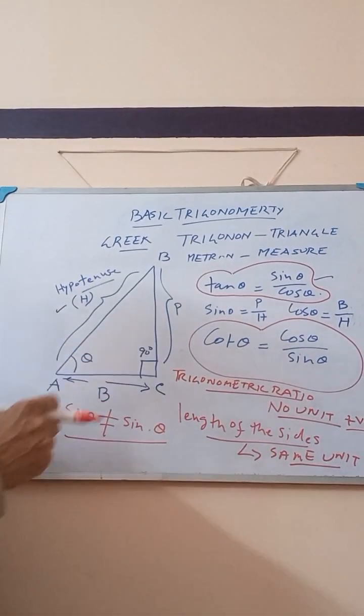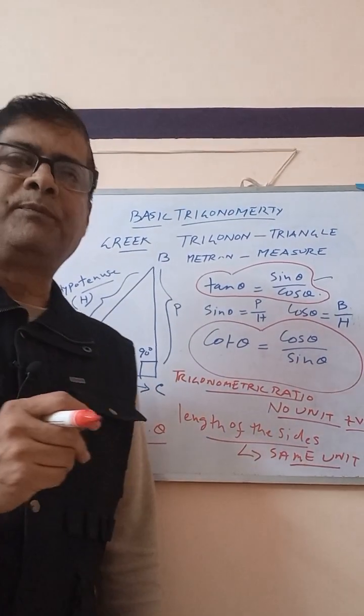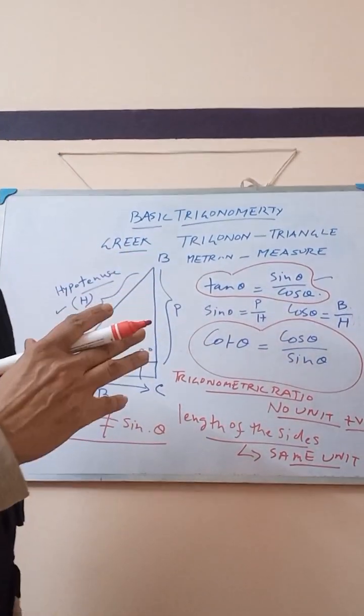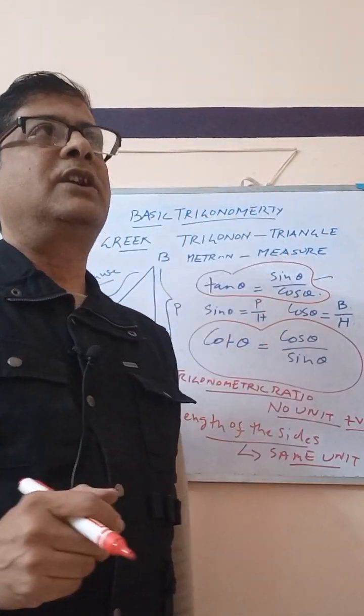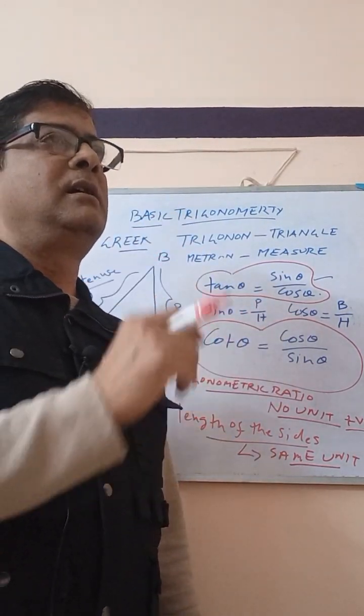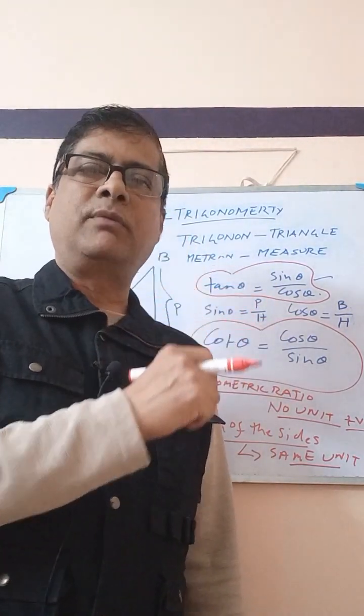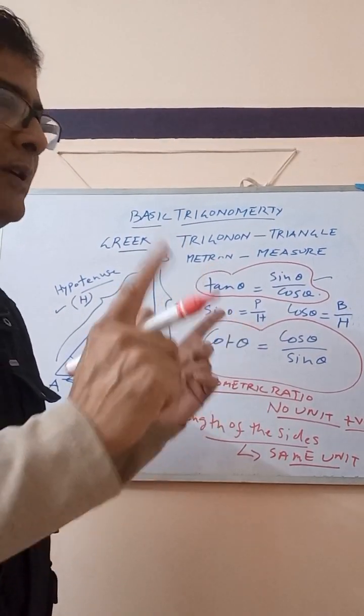So what have we learned? We have learned about Pythagoras theorem. Now what is Pythagoras theorem? We consider a right angle triangle. Then in that right angle triangle, perpendicular square plus base square will be equal to hypotenuse square. This is number one that we have to remember.